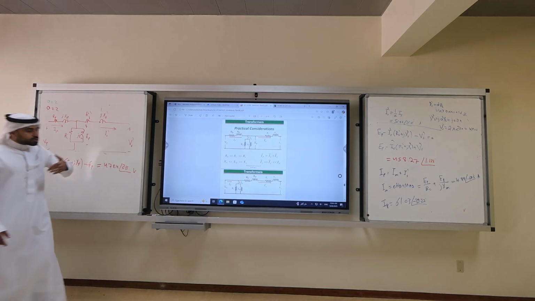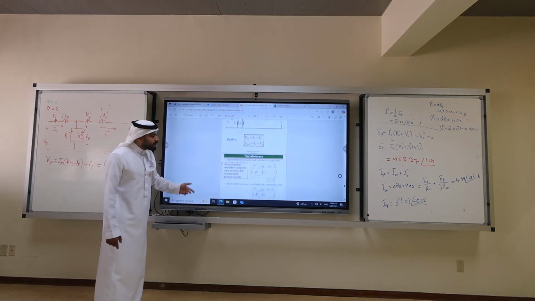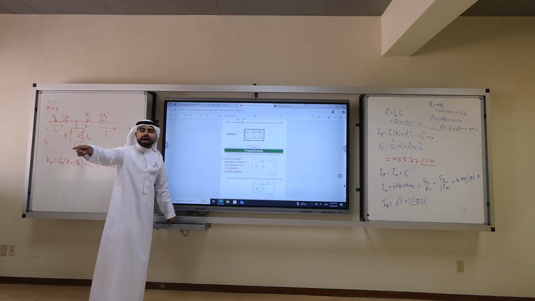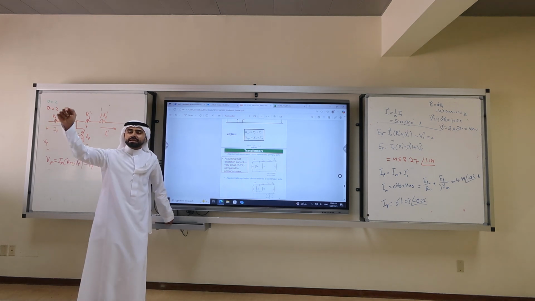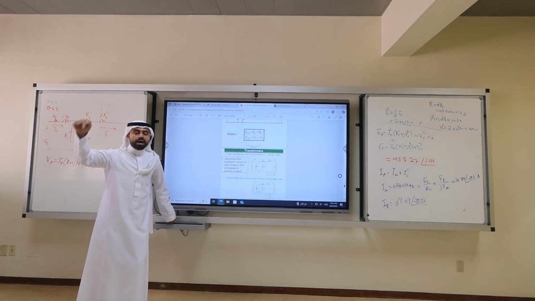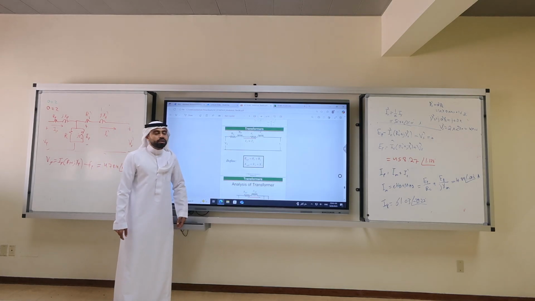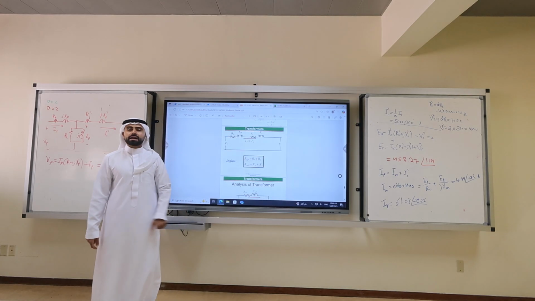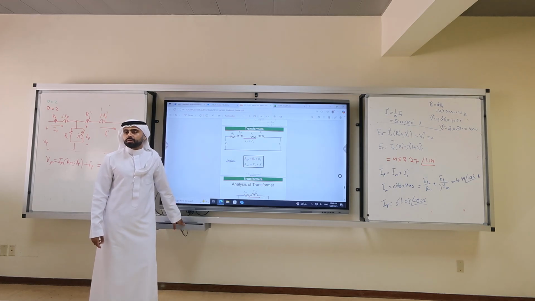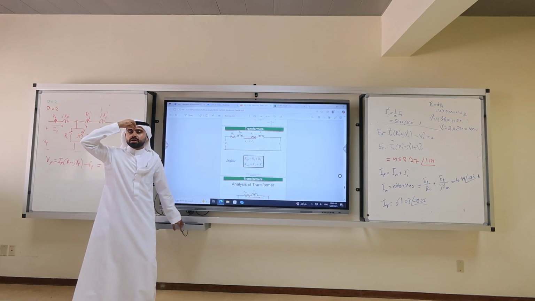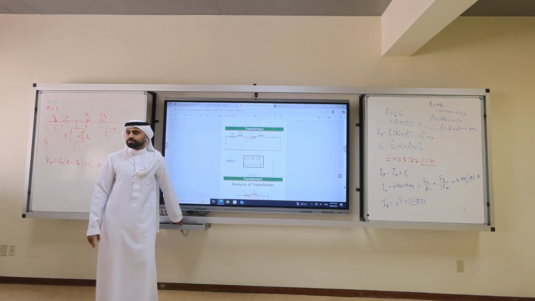If you are too lazy, many students, if they get stuck in the test, write this down. If I got stuck in the exam, I should use this circuit. This circuit would drop the magnetization core. I'm going to pretend there is no core losses, there is no magnetization losses. It's better than getting a 0.